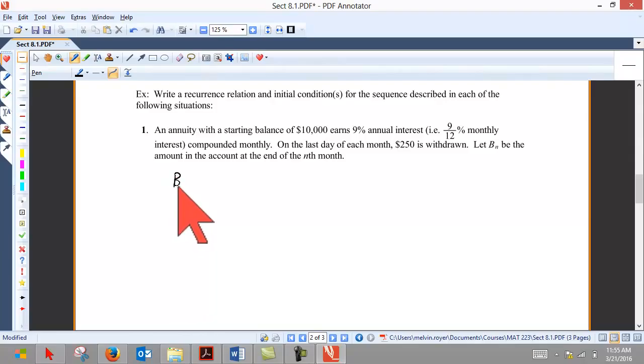So let's write the initial condition first. Actually, that's the easiest usually. B sub 0, what do I have to start out with? $10,000. And now B sub n.